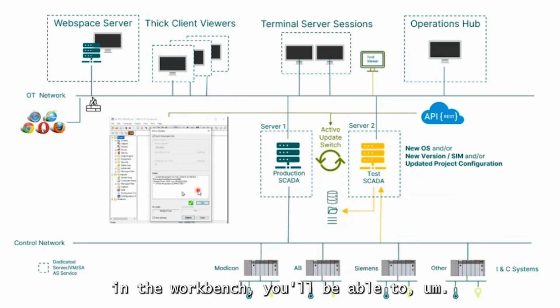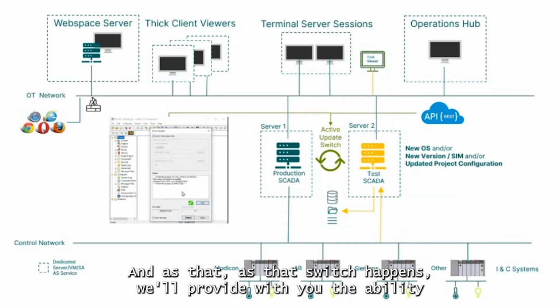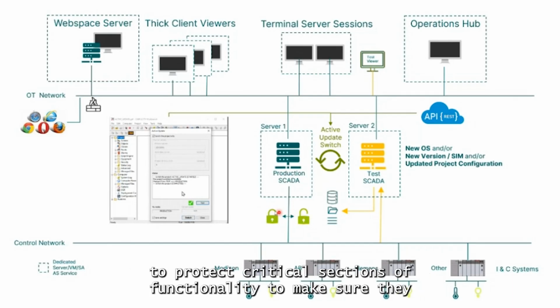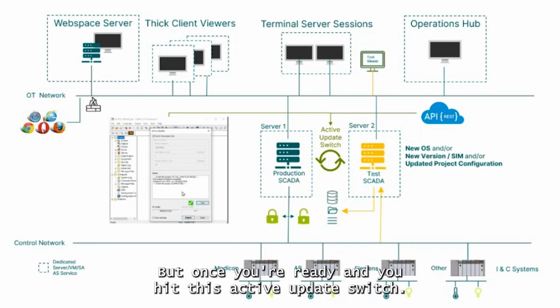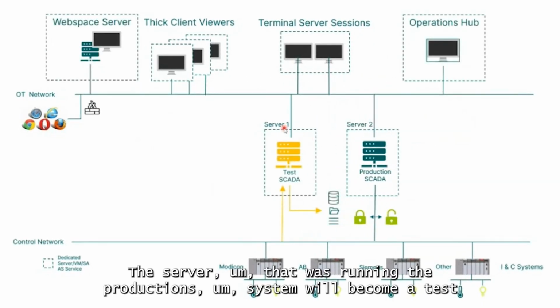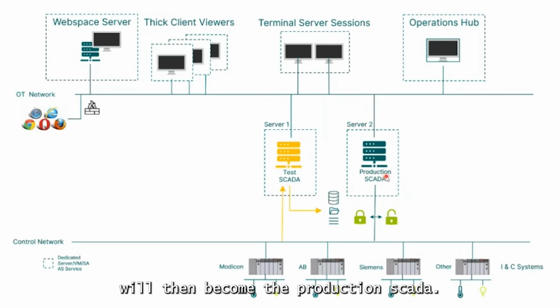You'll be able to actually initiate a switch, and as that switch happens, we'll provide you the ability to protect critical sections of functionality to make sure they finish before the switch happens. But once you're ready and you hit this Active Update switch, the server that was running the production system will become a test SCADA. So its mode will switch to test, and the server you were testing will then become the production SCADA and will start to operate the plant.